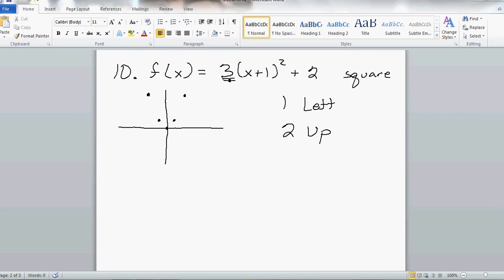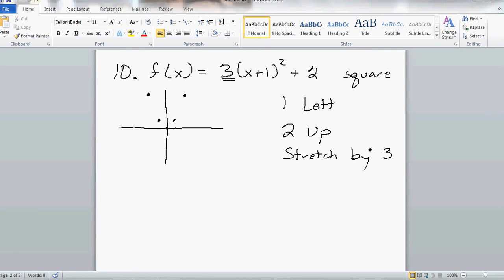And we ask, is the 3 directly connected to x? The answer is no. So that means it's going to affect the y values. It's going to stretch by 3. Now the question becomes, how do we do these and in what order?